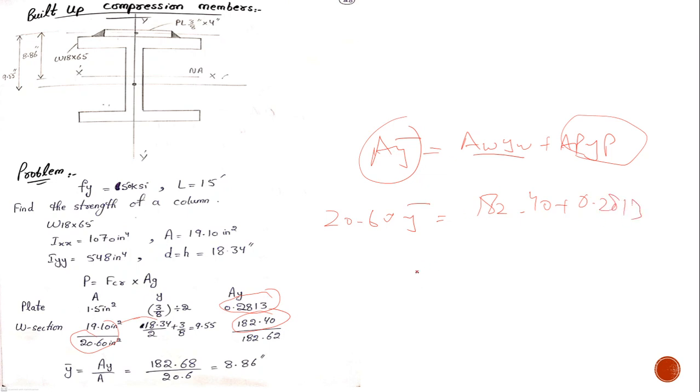Now you can easily find out Y dash, it comes out to be 8.86 inches. It means the neutral axis lies, as all calculations have been made from the top fiber, the neutral axis lies somewhere here, 8.86 inches equal to Y dash. It has been shown here.